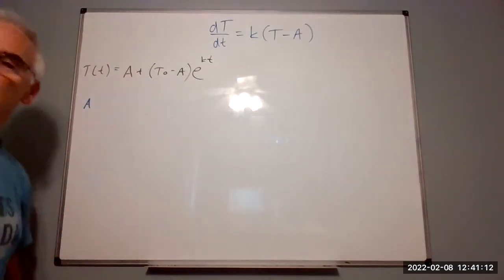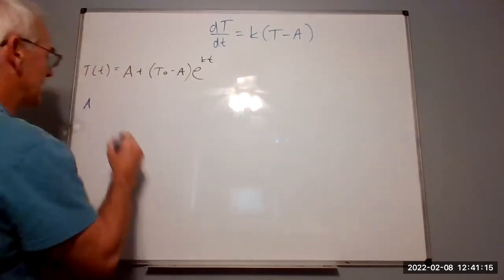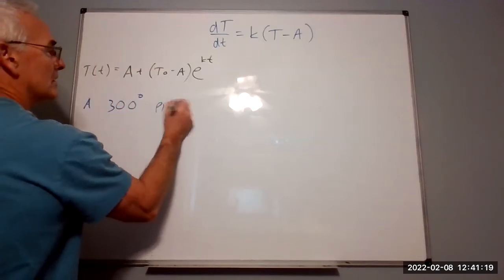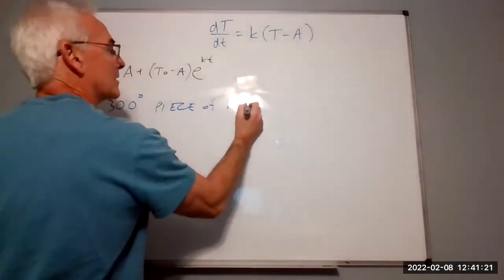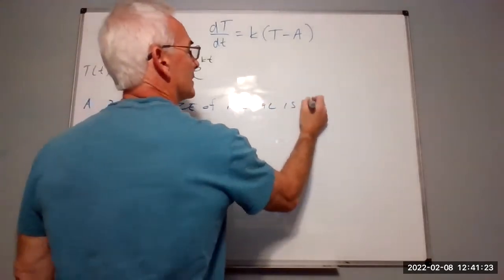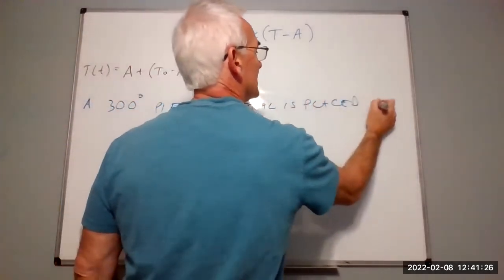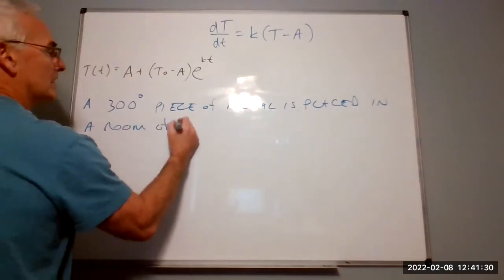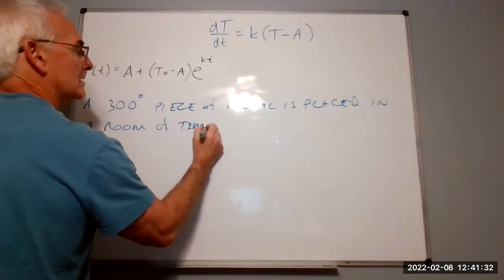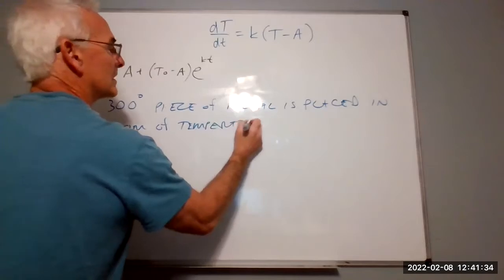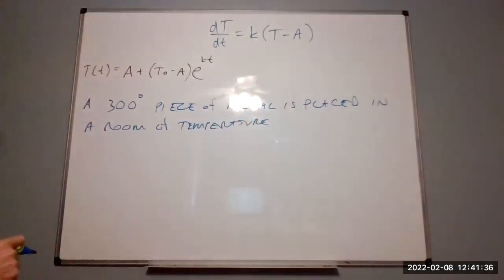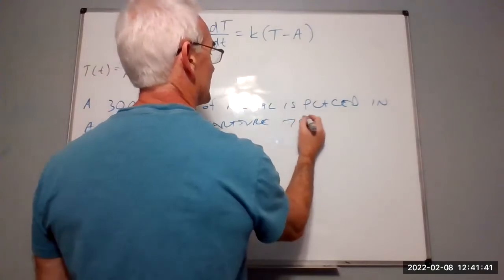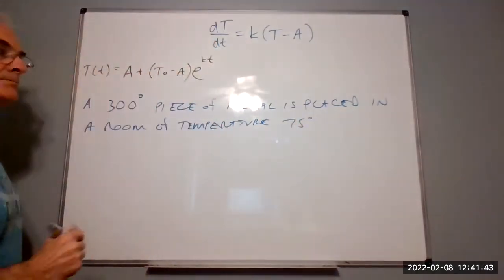So let's suppose we have something really hot. Let's say we have a 300-degree piece of metal. It is placed in a room of temperature, we'll keep it simple, how about 75 degrees, okay?